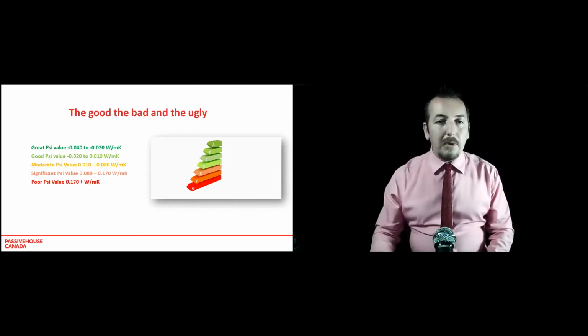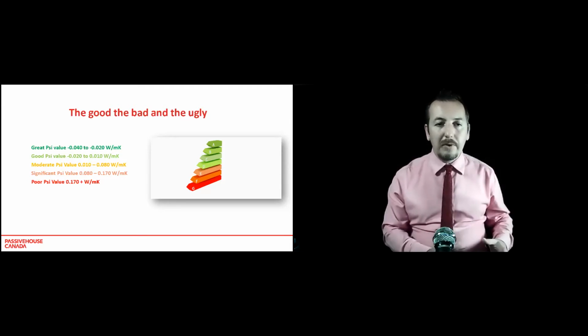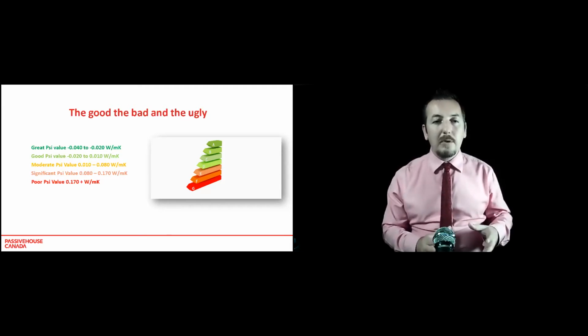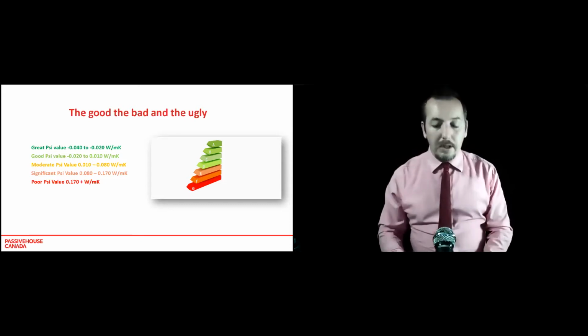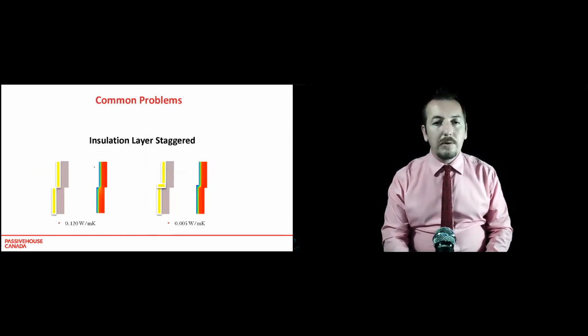Any of these significant or poor psi values, the thing you have to start watching when you get something between 0.08 and 0.17 is then you have to start looking at comfort, because it might be such a bad thermal bridge that comfort is inhibited, or even condensation at the worst case. Okay, so it's nice to have a range of psi values there that indicate what kind of values are good and which are not so good.